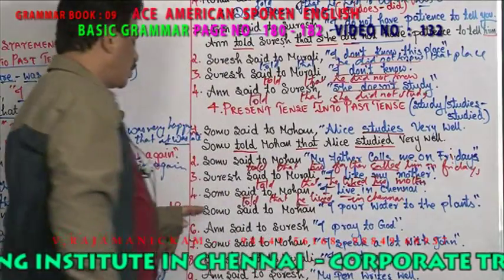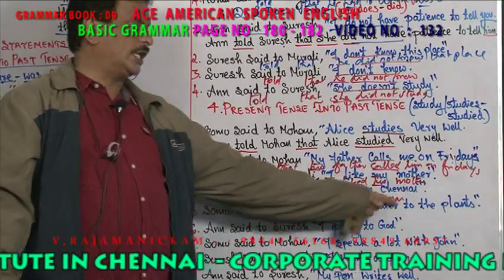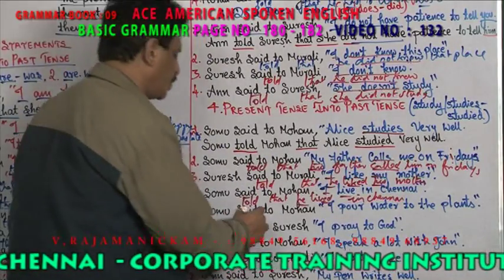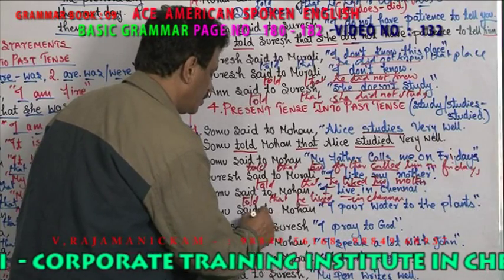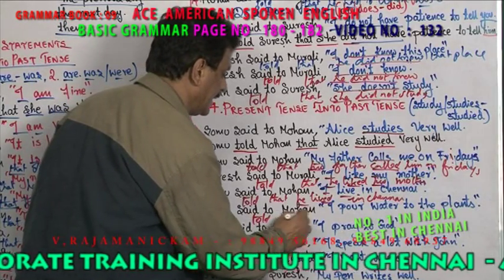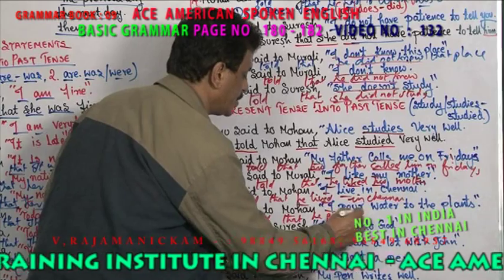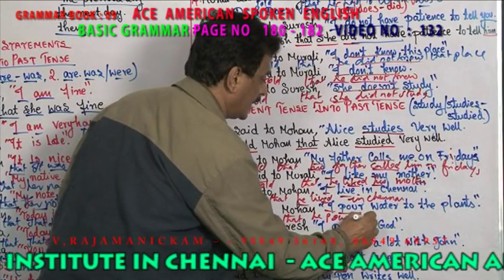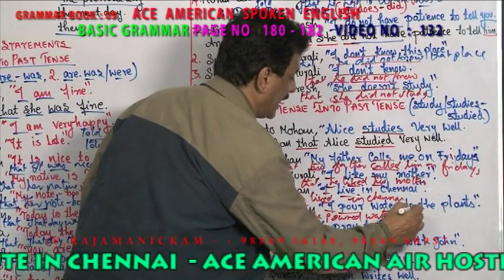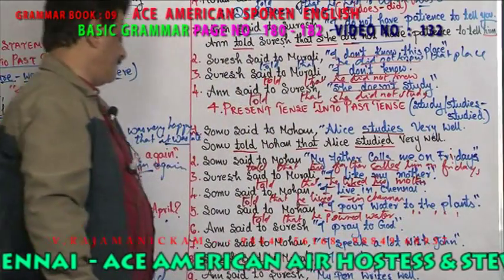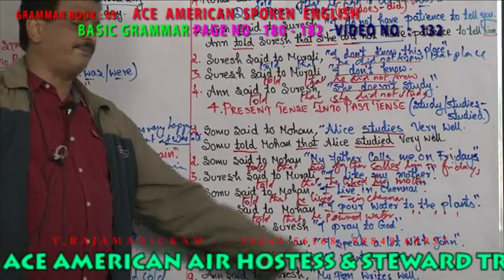Next up, Somu said to Mohan, "I pour water to the plants." So, Somu told Mohan that he poured water to the plants. I pour changes into he poured, right, sir? Anu said to Suresh, "I pray to God."